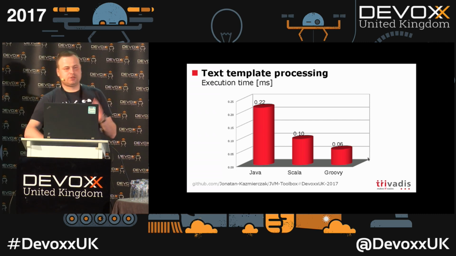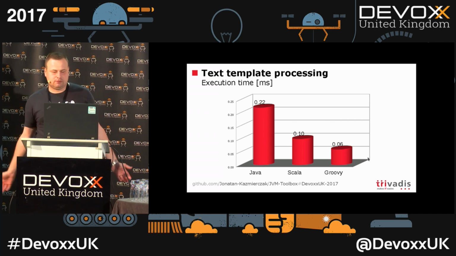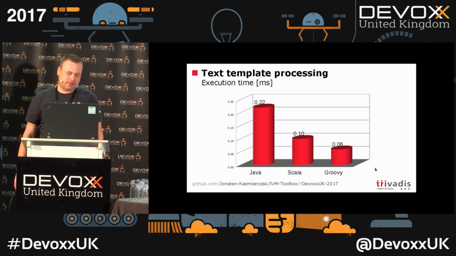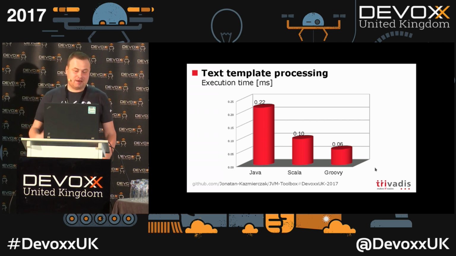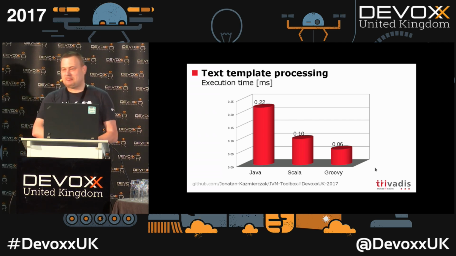And Groovy, which determines everything at runtime, gives you full flexibility, turned out to be the fastest. It was also surprising for me, I must say. And you may notice that there is no JavaScript on this diagram, and that's very unfortunate. But why, we will discover in a moment. It's related a little bit to Gradle and Java 9.